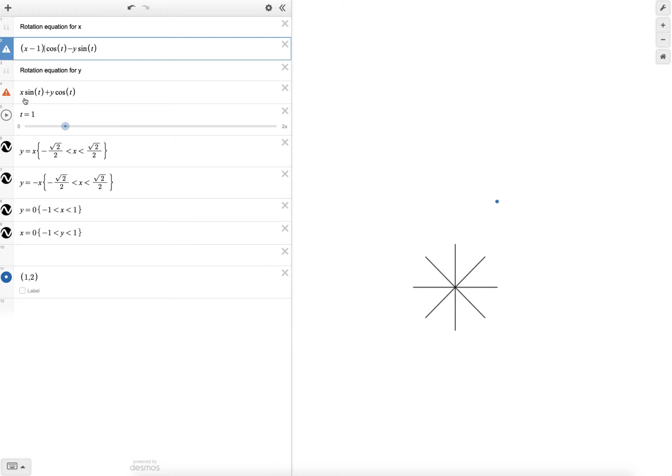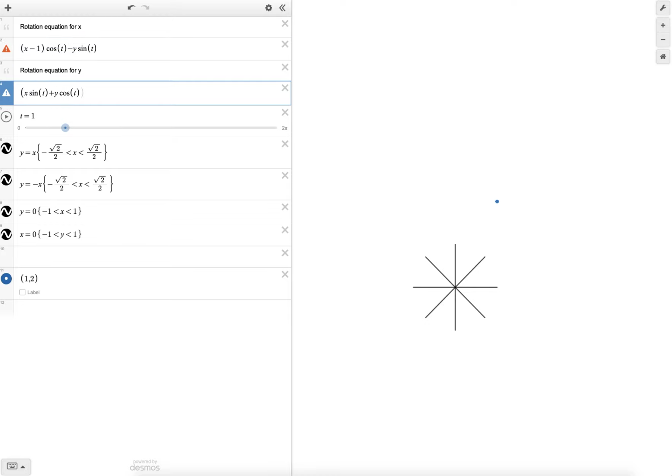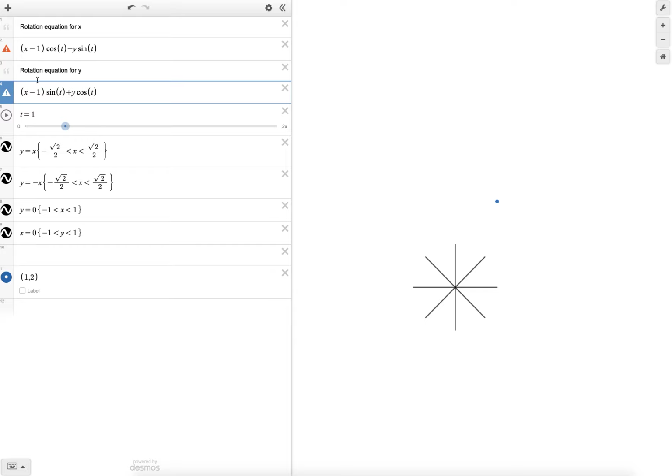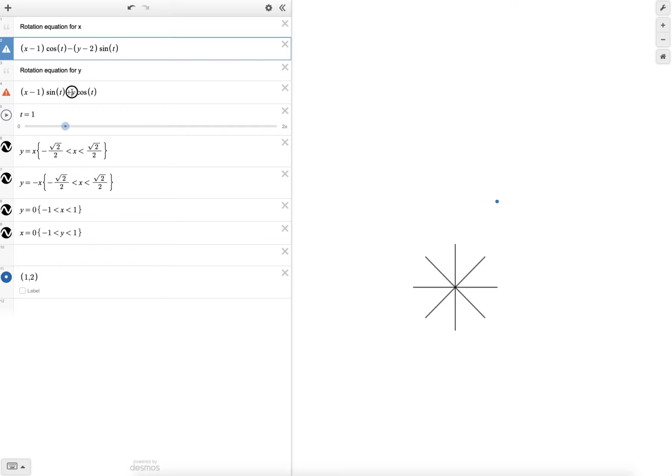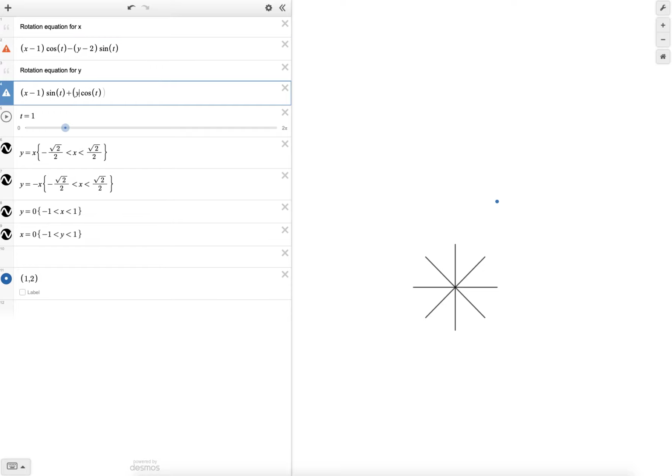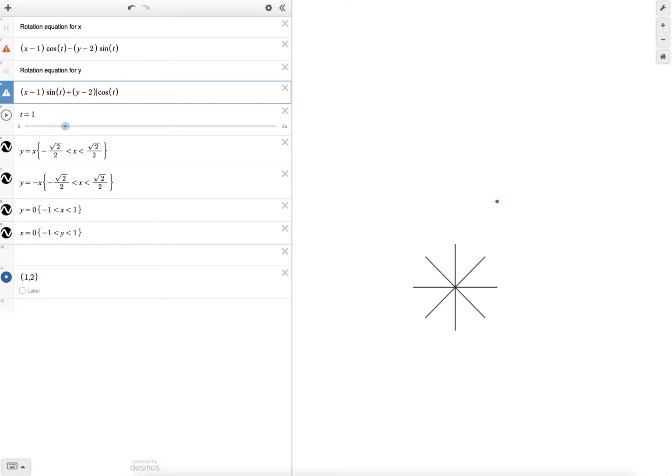So I'm going to do x minus 1 on this one, and I'm going to do x minus 1 here. So I subtracted 1 from all my x's, and then I'm going to subtract 2 from all of my y's. So on the surface, it looks fine, right? You subtracted 1 from your x's, you subtracted 2 from your y's.